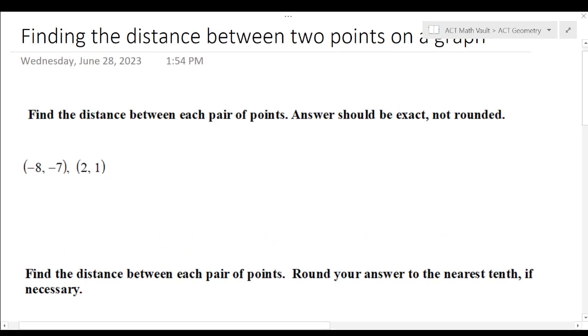In order to do this, we need to know the formula. So d equals square root, and then it goes x sub 2 minus x sub 1 squared plus y sub 2 minus y sub 1 squared.